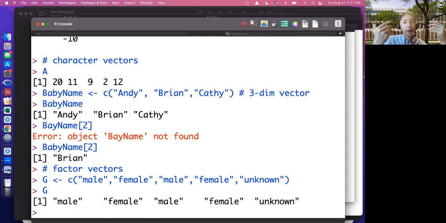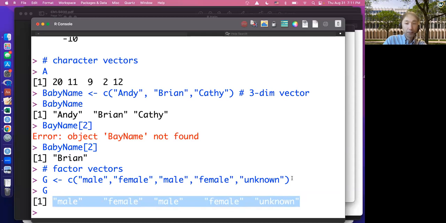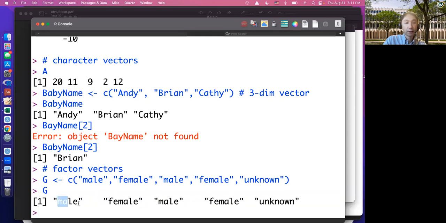But sometimes we want to analyze this based on gender. For example, we have another vector for height, and we want to explain the height by gender. In such a case, we want R to recognize that the first and third elements are the same, and the second and fourth elements are the same. At this point, R recognizes these 5 elements as just a sequence of letters, and it does not recognize that the first and third are the same.